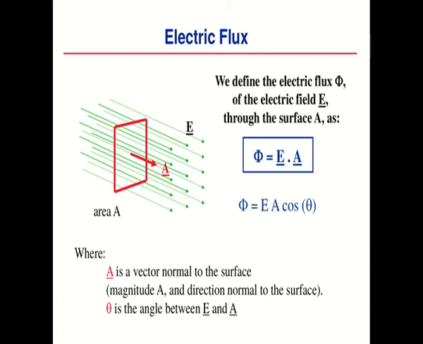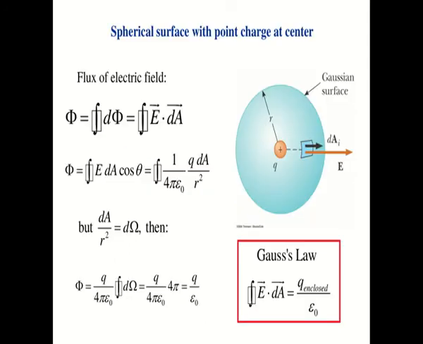Clearly from the figure we can see that the electric field is perpendicular or normal to the plane, and the area vector is also given. So the angle between area vector and electric field is 0. Now here, students, the spherical surface with the point charge at the center.